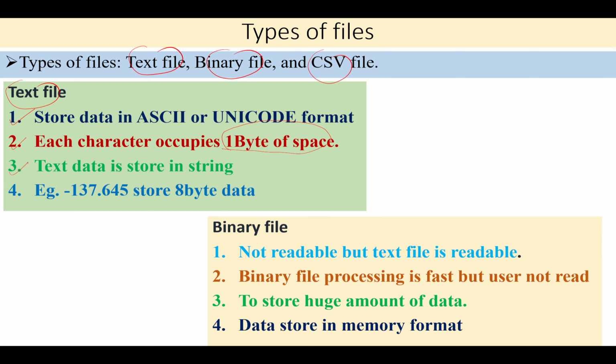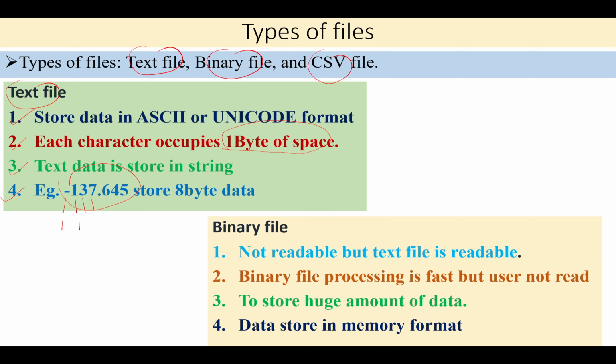Whatever data is there in the text file, all of this data is stored in string format in Python. So I give you one example here. This is my text file data. Now I want to check how much data is stored by this data. Here the minus sign is also stored as 1 byte, and the number 1 is also stored as 1 byte.